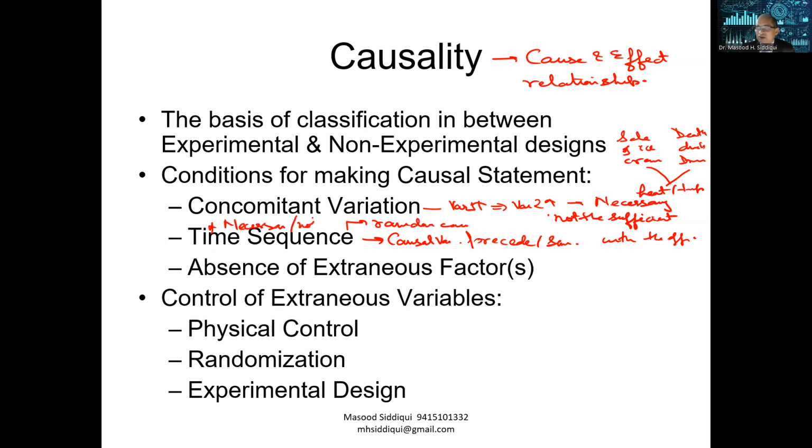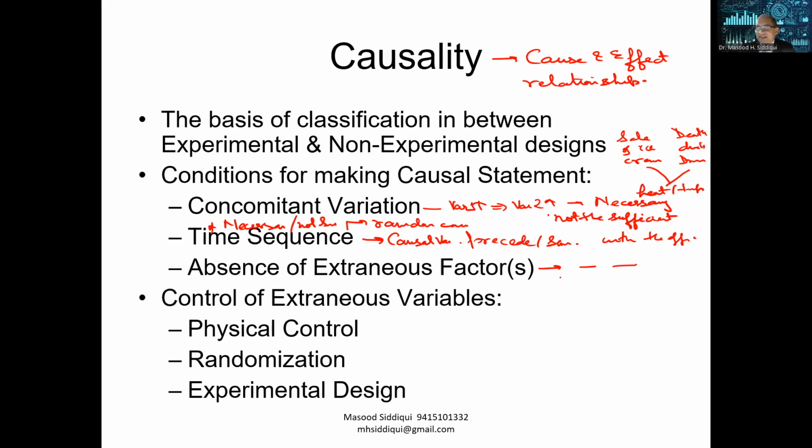but not a sufficient condition. Now we come to the next part, that is the absence of the extraneous variable. Means absence of all the external factors, external variables that may have an impact. So if there is no extraneous factor, and if one variable changes, there is a simultaneous change in the other variable also, right?